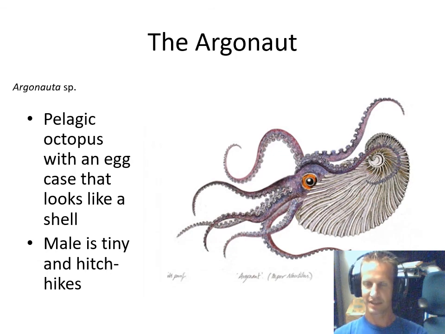There's a lot of sexual dimorphism in this species, so the female looks totally different from the male. The male doesn't make a shell because, as I said, the shell is an egg case. The male is tiny and he'll hitchhike, like he'll ride along in the shell of the female. And these organisms have an ability to control the amount of air in their shells.